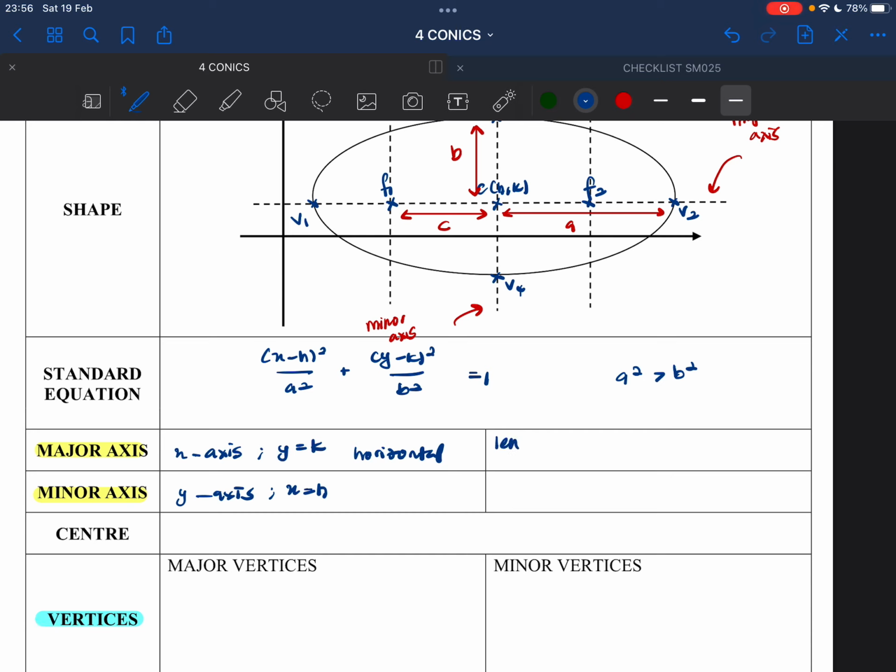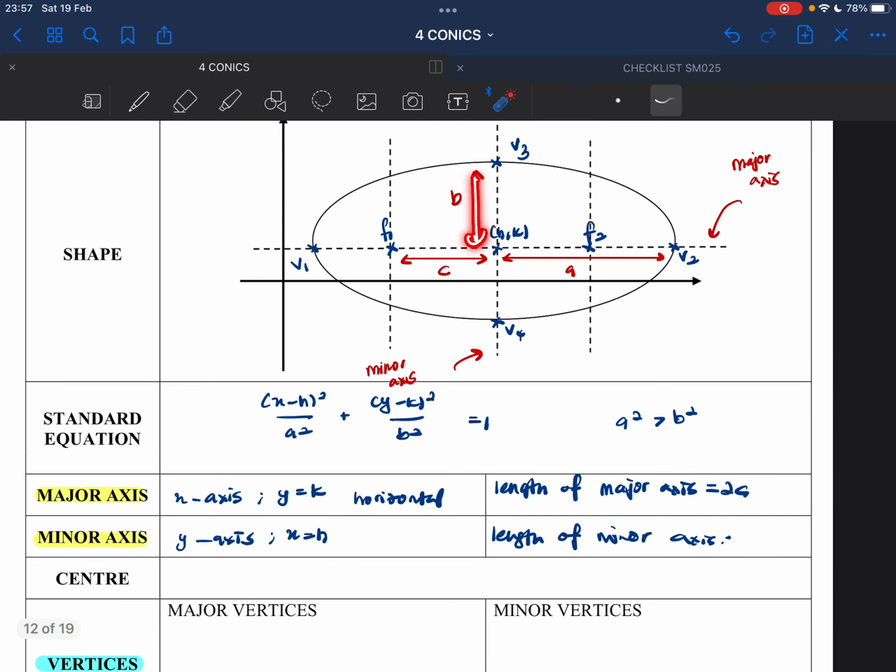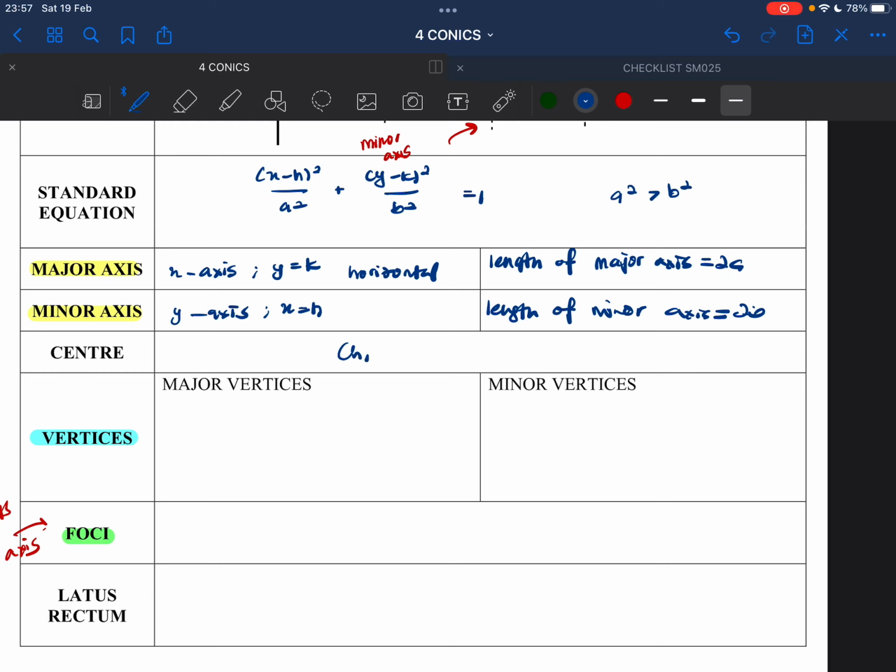Also, the vertical distance between vertex and center here is b, and this one is also b. That means the length of the minor axis is 2b. The center, we know, is (h, k).